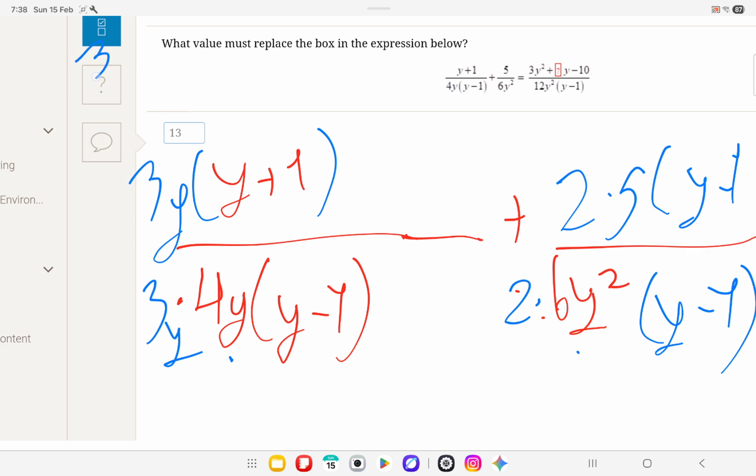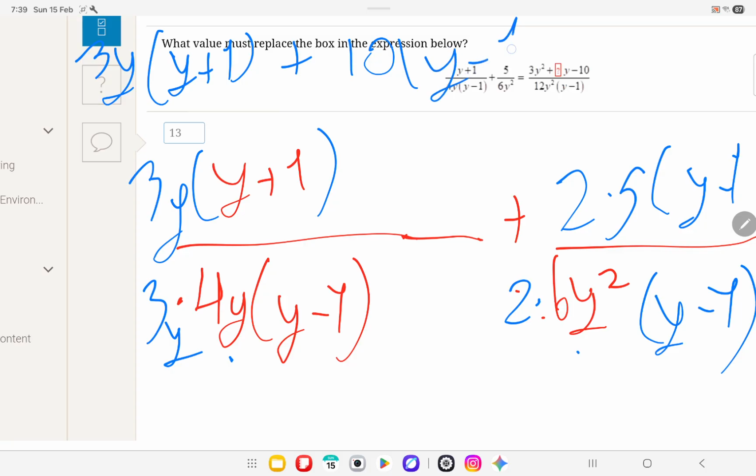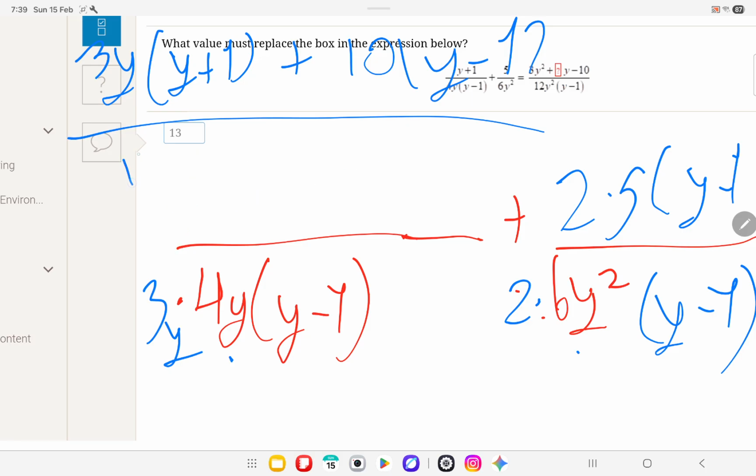It will be 3y times y plus 1, plus 10 times y minus 1, all over 12y squared times y minus 1.